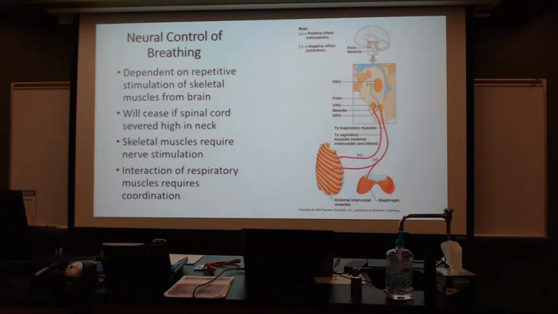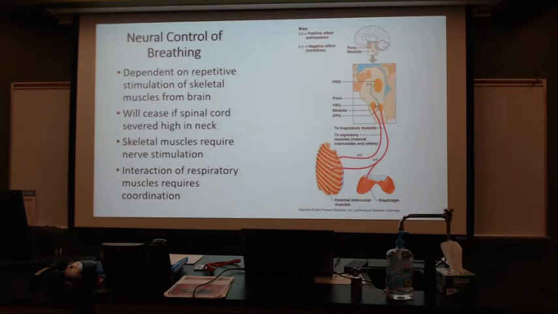So we have what's called a reverberating circuit. The neurons that are going to control this, it's a cycle. And it's termed reverberating.